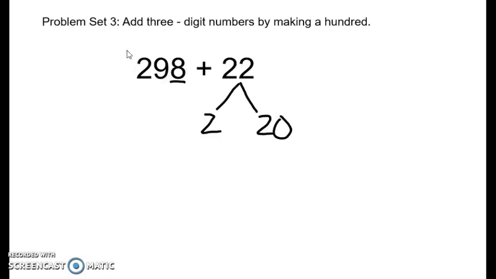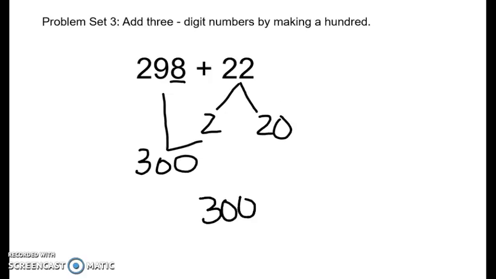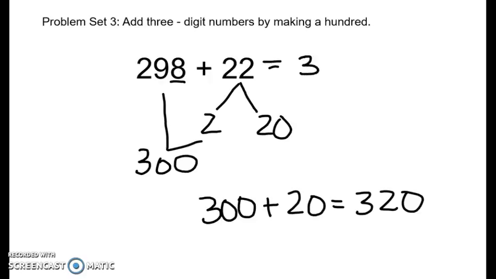Now, I'm going to combine my 298 plus 2 to make my 300. Then my last step is to add my 300 plus my 20, which will give me my answer, 320. So my answer of 298 plus 22 is 320.